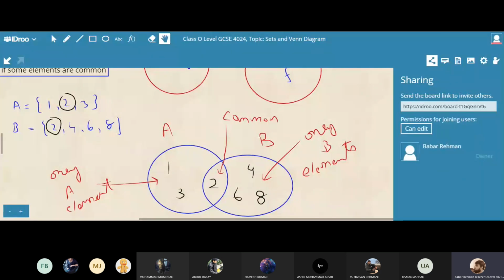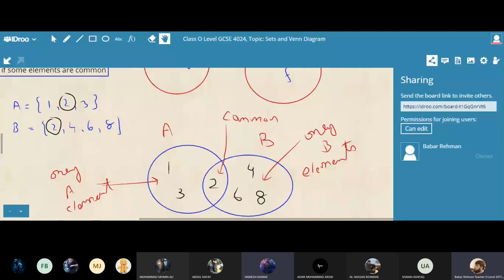Are you getting my point? Okay, when some elements are common, how can we draw the diagram? How can we draw a diagram where the circles overlap each other?